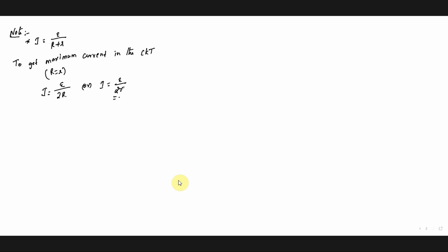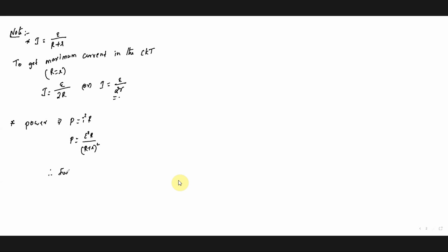Yes, sir. Then please remember, if I take power, what is the formula for power? P is equal to I squared R. Then in terms of this, you can write it as E squared R by (R plus r) whole squared. If I take maximum current, then power is also maximum.